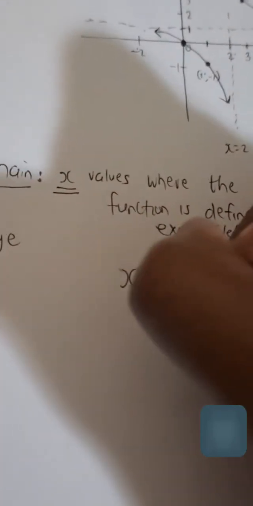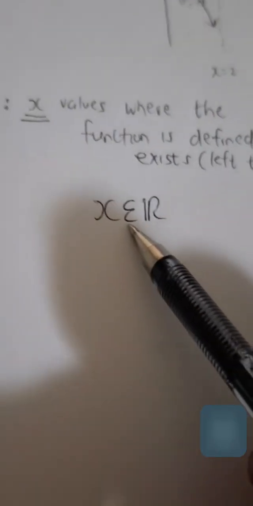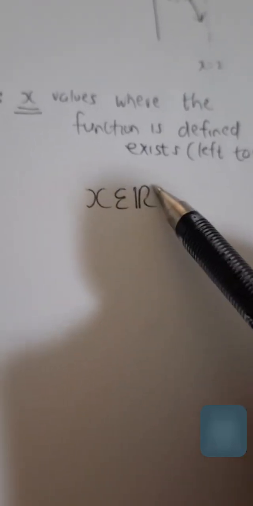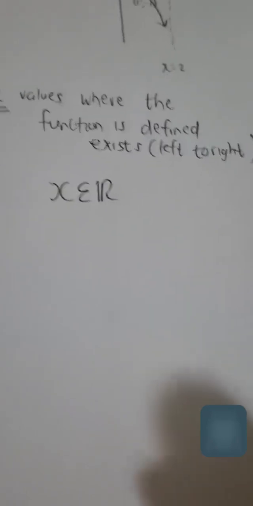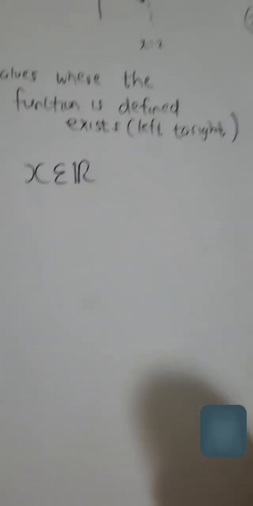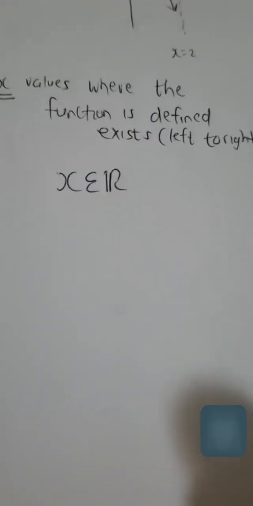To summarize the fact that the function exists everywhere, we use this notation. We say x is an element of real numbers. This simply means that the function will exist for every x value that you can imagine under the sun, every x value from left to right, negative all the way to positive.